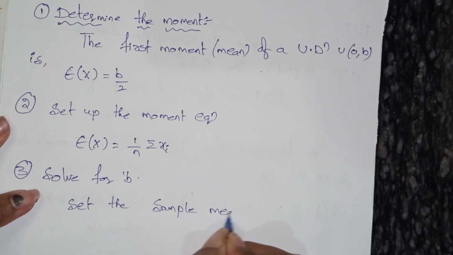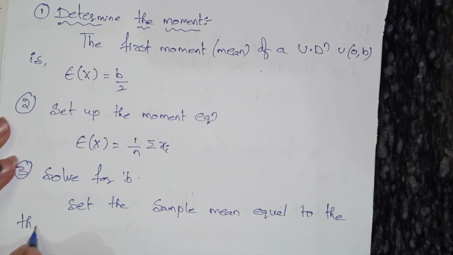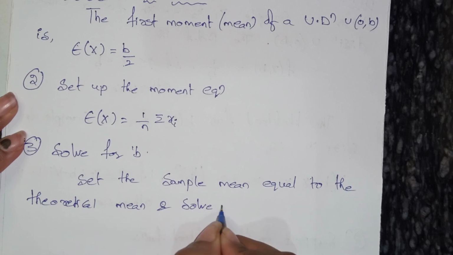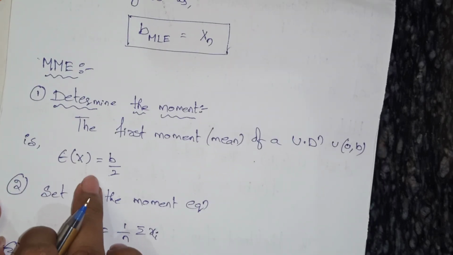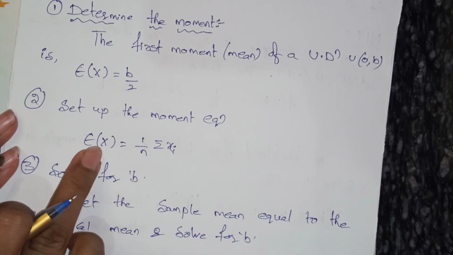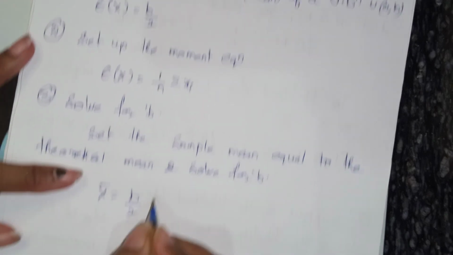Set the sample mean equal to the theoretical mean and solve for B. So x bar equals b by 2, isn't it?